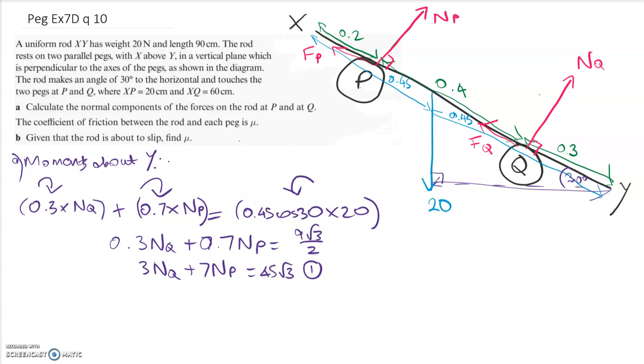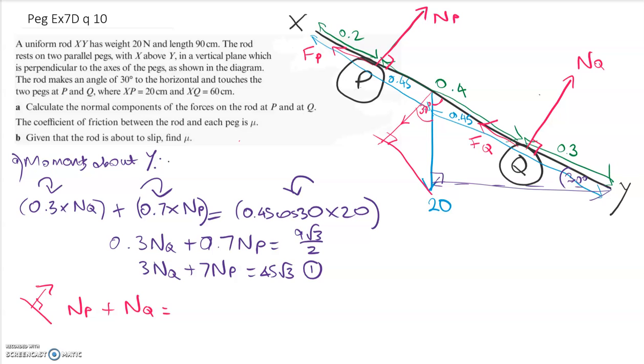Well, what I could do is resolve perpendicular to the rod. So I have NP plus NQ equals, this force needs to be resolved because it's not currently all perpendicular, it's at an angle. Now this angle here would be 60, so that would make this angle here 30.